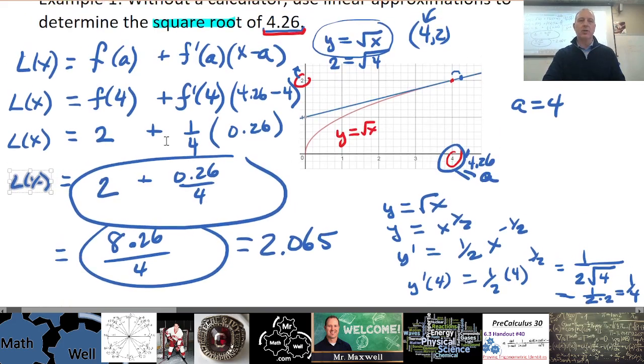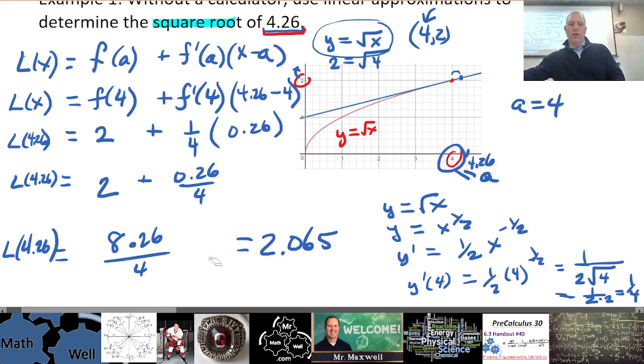And we could have included x here, 4.26 as x. So technically, I could have, maybe even arguably should have, put 4.26 here as well. So I'm going to do that, to keep our notation consistent. But this is what this is, right? It is the linear approximation of the square root of 4.26. That's what we've got.